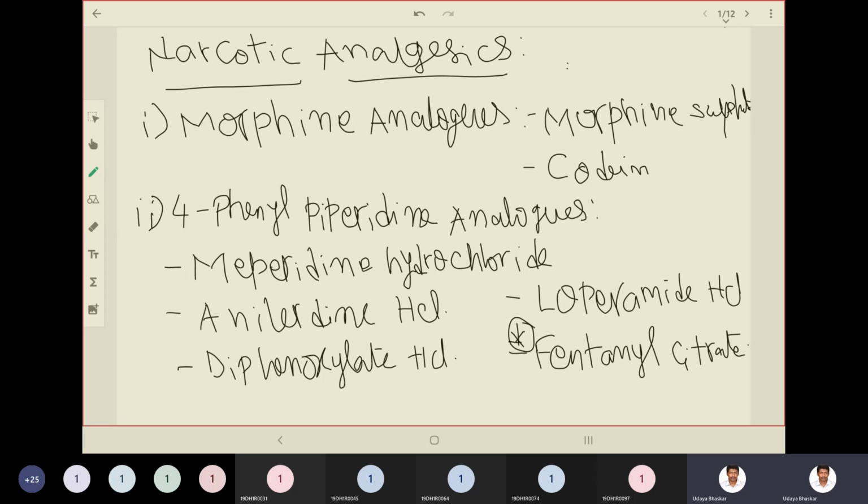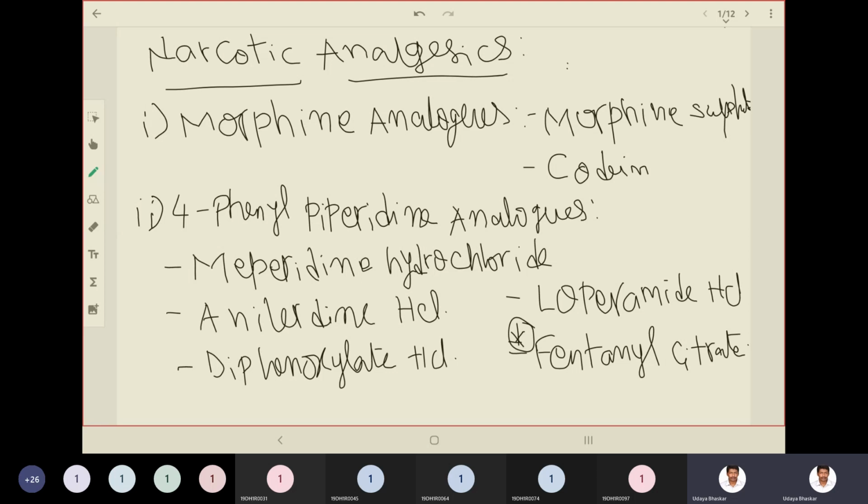Having seen all these things as part of structure activity relationships, let us see the chemistry of narcotic analgesics. As you know, the classification of narcotic analgesics is here. The first category is morphine and its analogs. The examples are morphine sulfate and codeine. The second category is 4-phenyl piperidine analogs.